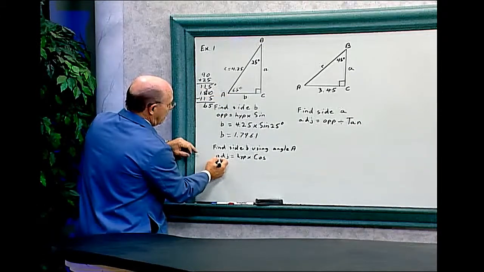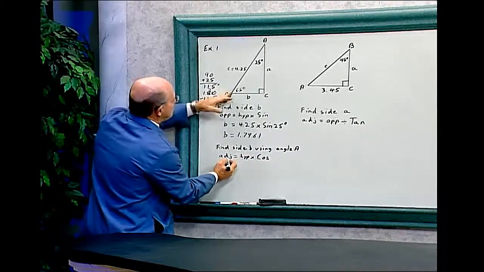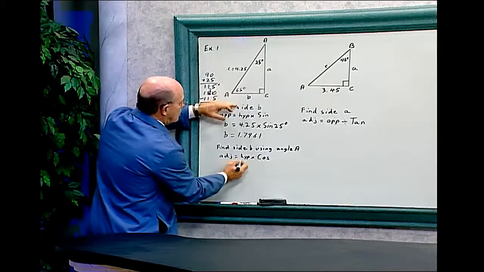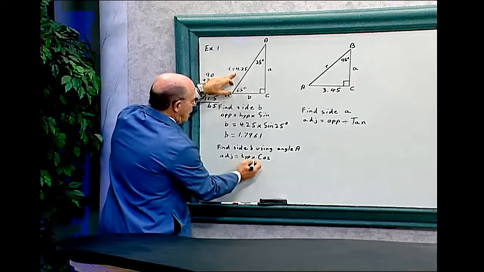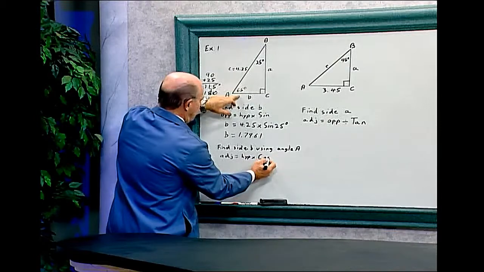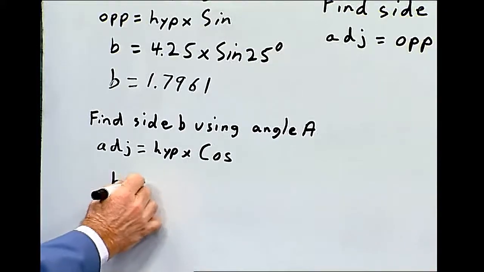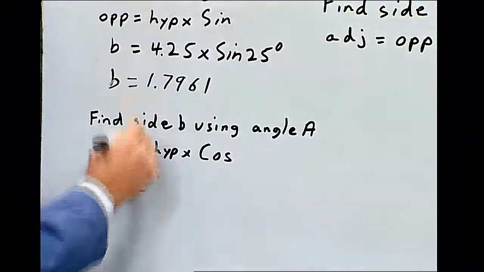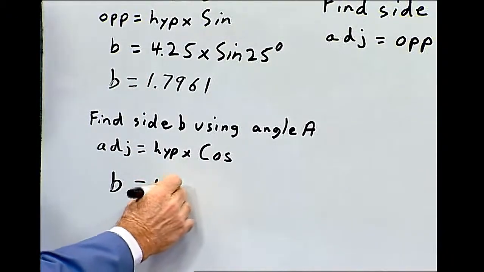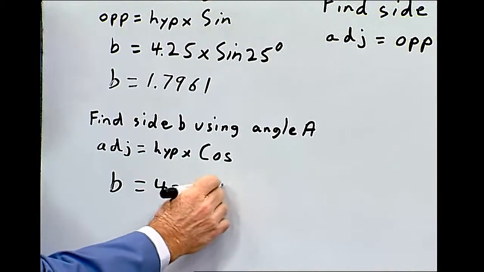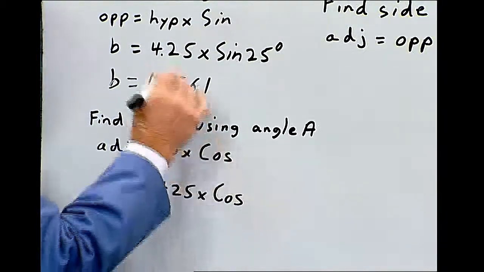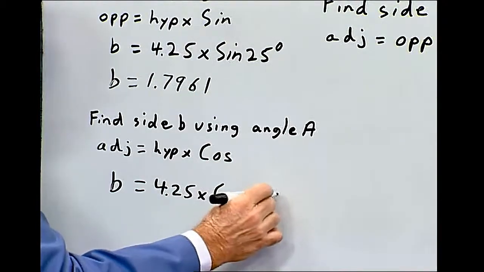And so we're going to find the adjacent, that's adjacent to this angle, equals hypotenuse times cosine of 65. So let's put that in. So adjacent is B now, equals the hypotenuse, 4.25, times cosine of 65 degrees.